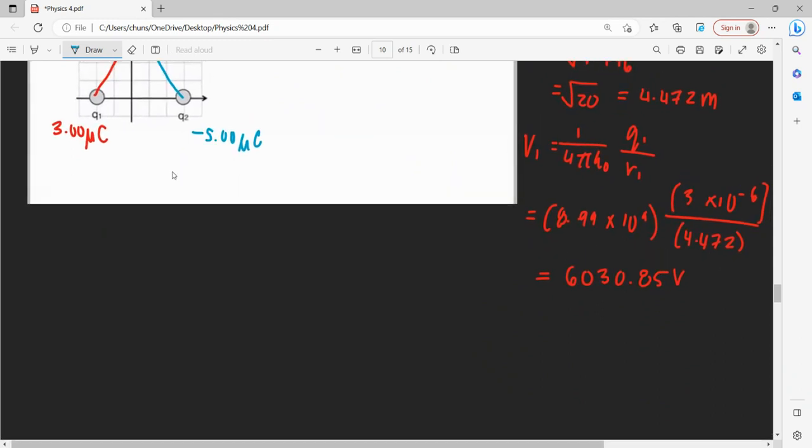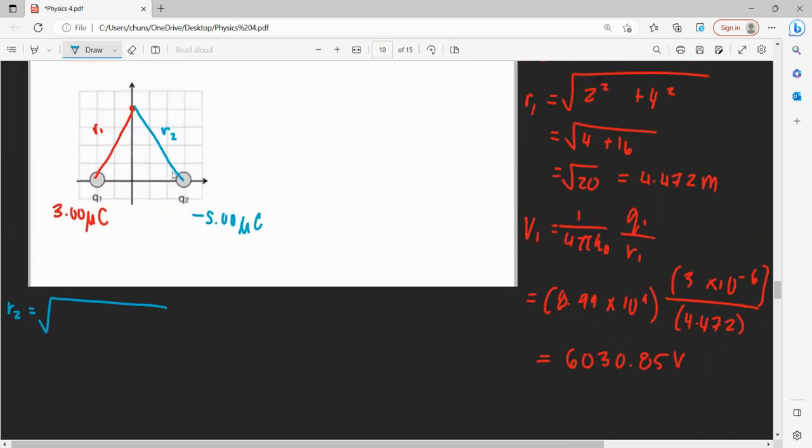So if we do the same thing for our next one, we're at a distance of 3 and 4 now, so that's 3 squared plus 4 squared equals 9 plus 16, which equals 25, so 5 is our separation distance. V2 is 1 over 4 pi epsilon naught Q2 over R2.